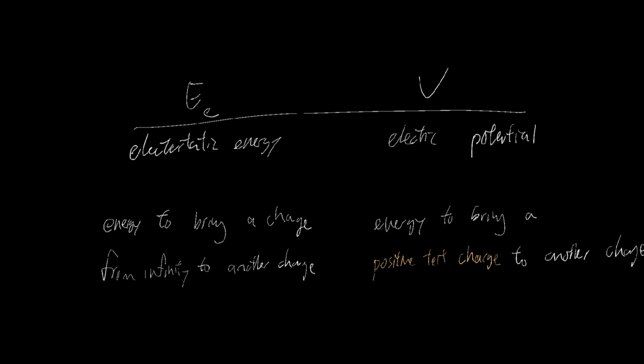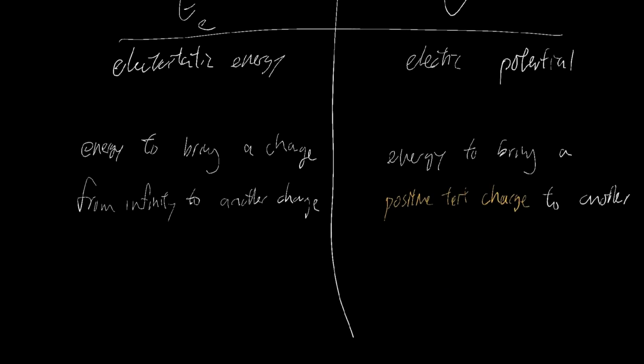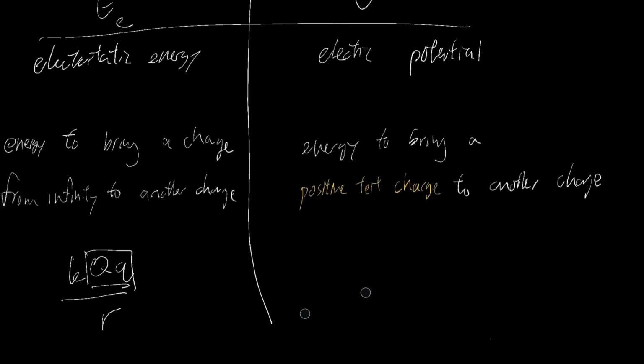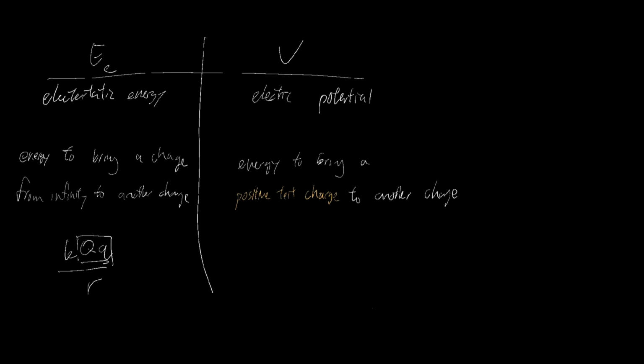Electrostatic energy is the energy to bring a charge from infinity to another charge, so you are taking account of the charge of both of them. Therefore, in the equation, it will be kQQ divided by r, where both of the Q's are taken into account. However, electric potential is the energy to bring a positive test charge to another charge.